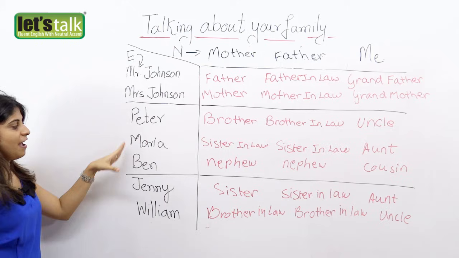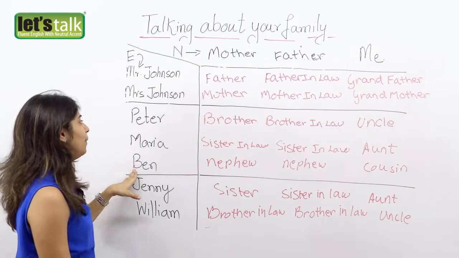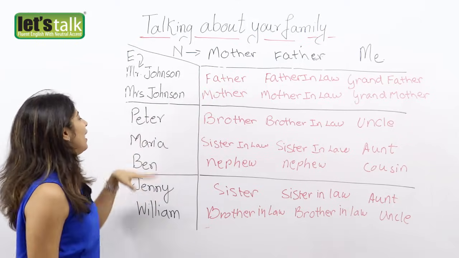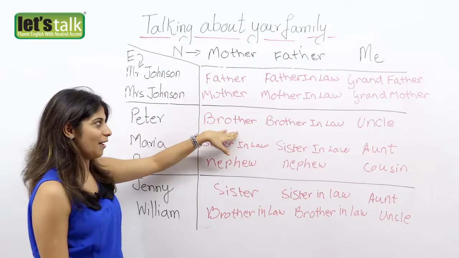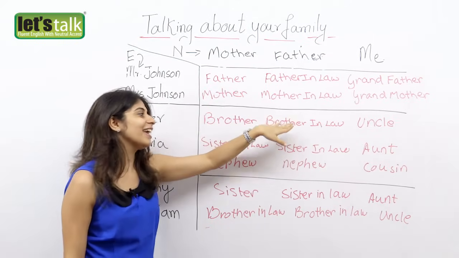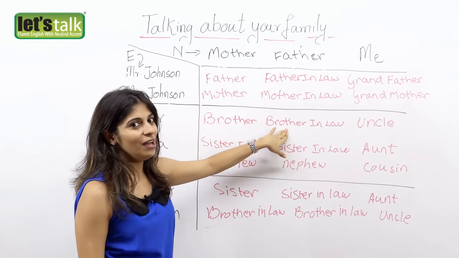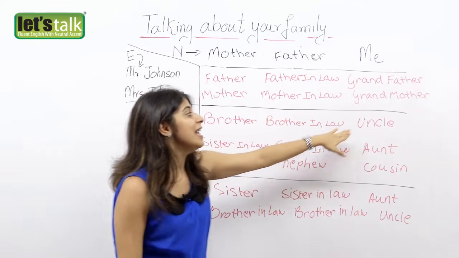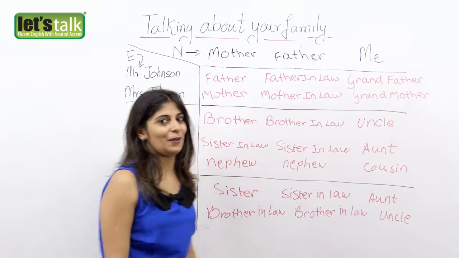Now, Peter, Maria, and Ben. Let's just assume that Peter is your mother's brother. For your father, he is his brother-in-law. And once again, for you, he's your uncle. But please note that he is your maternal uncle.